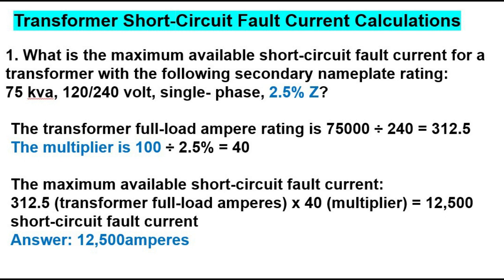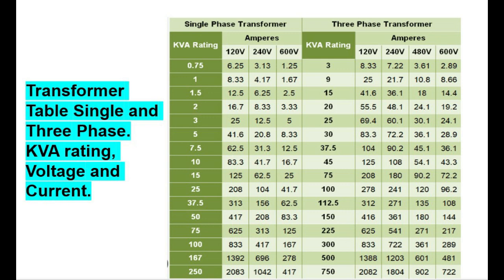The multiplier is 100 divided by 2.5% equals 40. The maximum available short circuit fault current is 312.5, transformer full load amperes, times 40, multiplier, equals 12,500 short circuit fault current. Answer: 12,500 amperes.